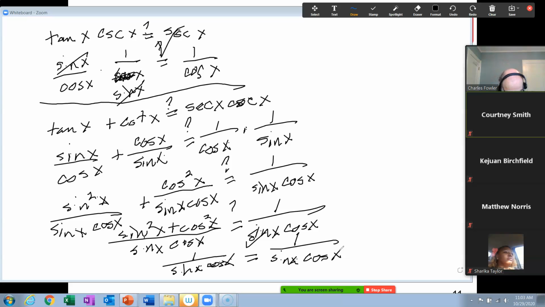Okay? Now, they come up with a different identity at the bottom, but they're the same identities, okay? So, as long as that works. There is a checkpoint after example 4. Please do the checkpoints. All right, any questions on example 4?